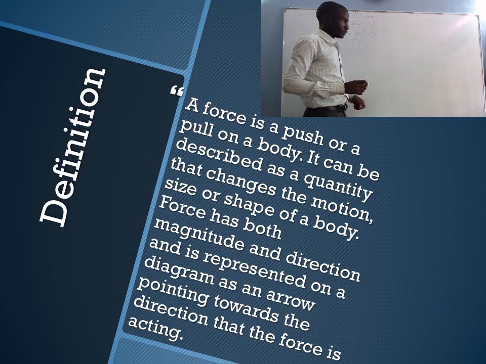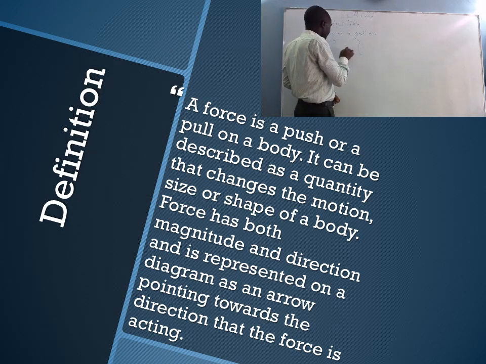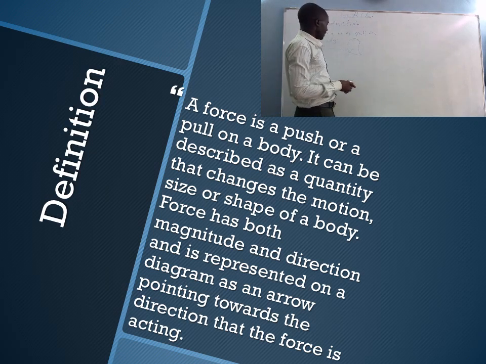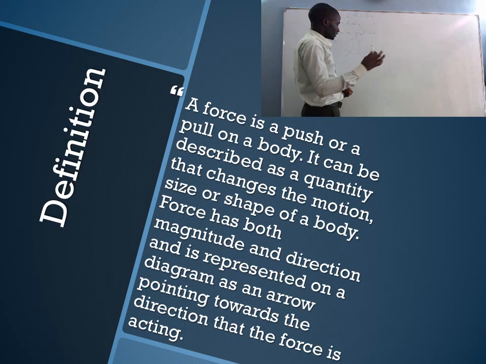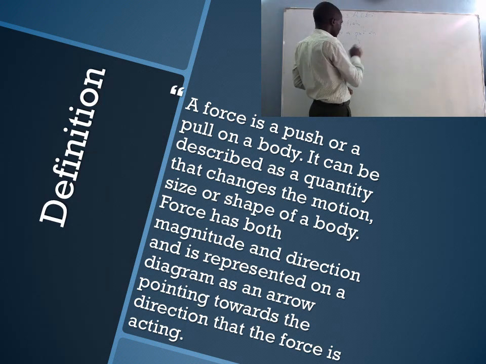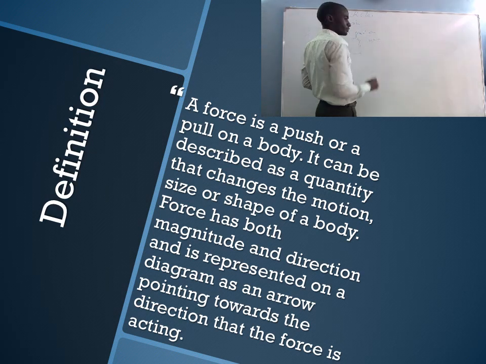If someone kicks it by applying a force on it, then three things are possible to happen to this ball. One, if it was stationary, it will start moving, and it will move in the direction in which the force is given.